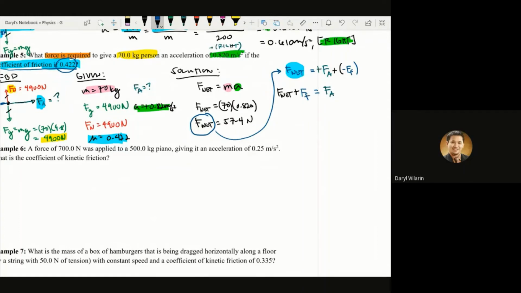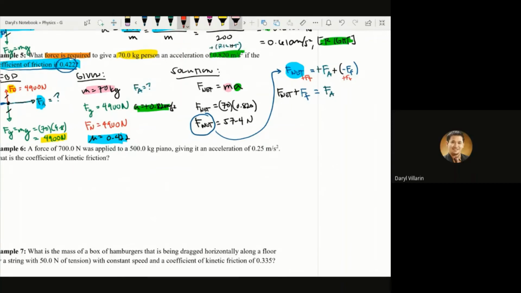Again, how did I get plus Ff on one side? Again, that is just basic in solving equations. So I'm just gonna add Ff on both sides. So that's why I got Ff on the other side. So the applied force is just the sum of the net force plus the frictional force.